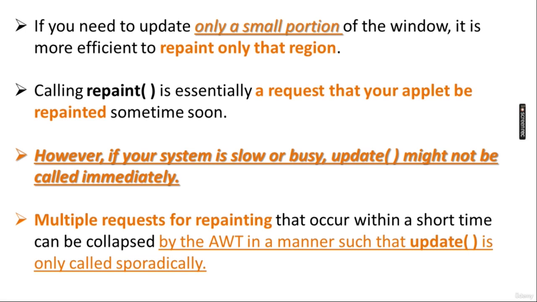Calling repaint is essentially a request that your applet be repainted sometime soon. However, if your system is slow or busy, update might not be called immediately. You have to wait.